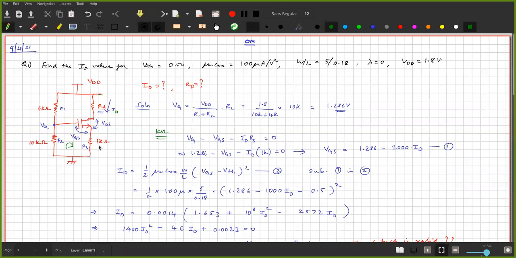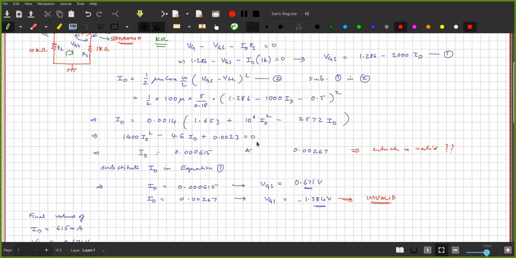Okay. So what I do is, see, the condition is that this MOSFET has to be in saturation. Not in cutoff or in the triode region. It has to be in saturation region.